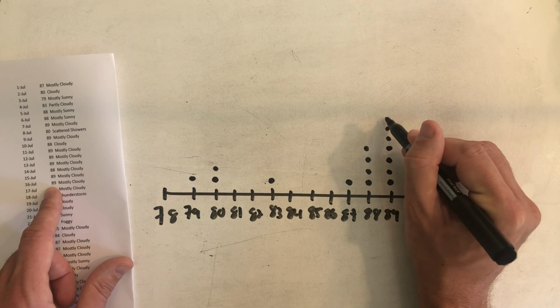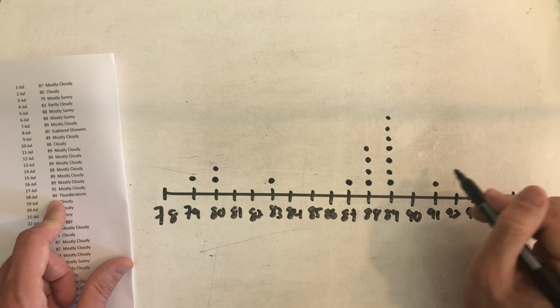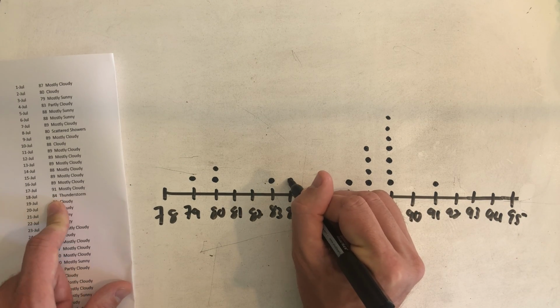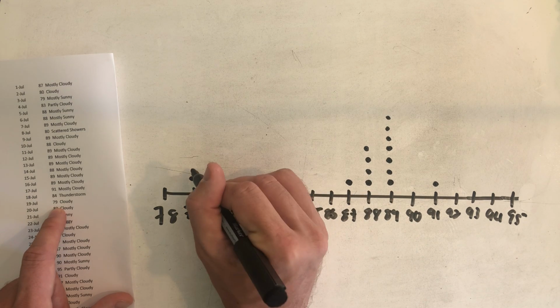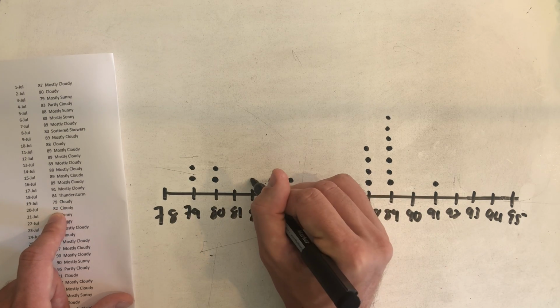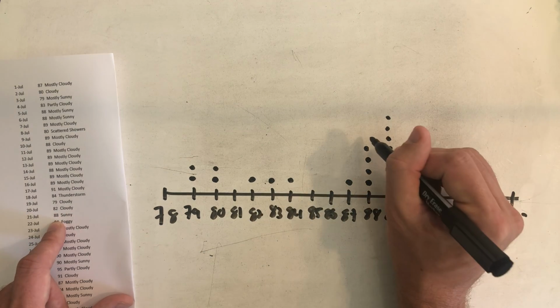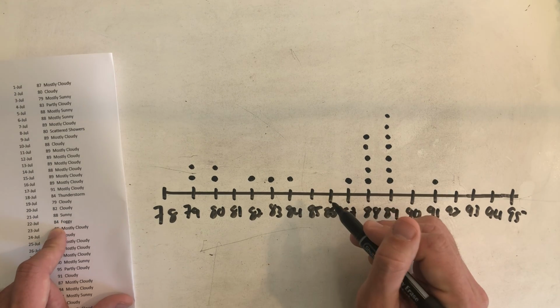As I'm doing this, you can tell how someone could actually reconstruct the original data from the dot plot, but not in the correct order. They could tell what temperatures occurred, but not on what day they occurred.